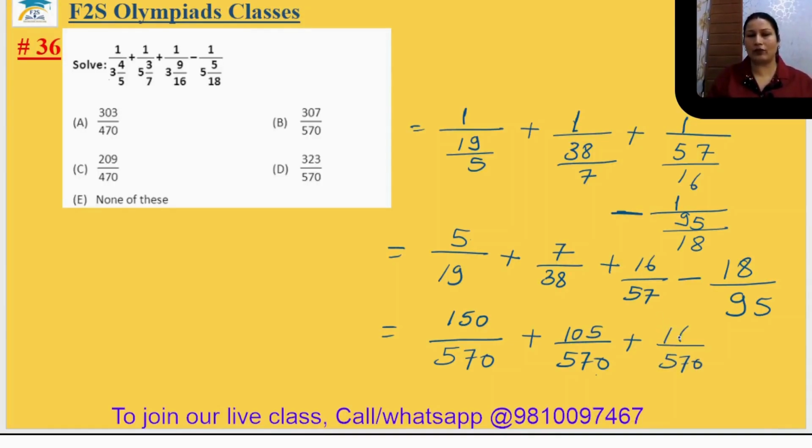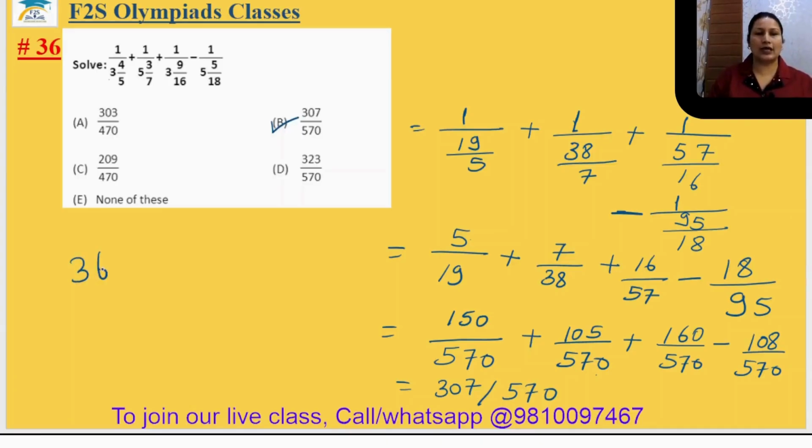This numerator will be 160 minus 570 here. So its numerator will be 108. Okay. Now add 150 plus 105 plus 160 minus 108. So you will get 307. 307 upon 570. That is in option B.